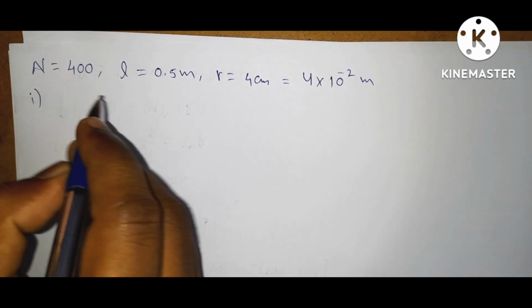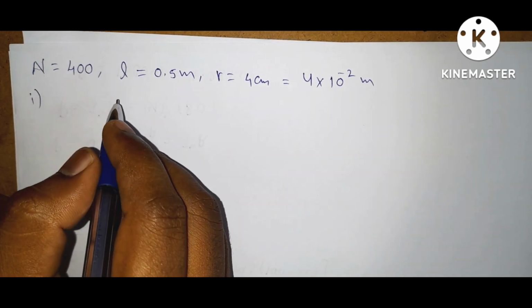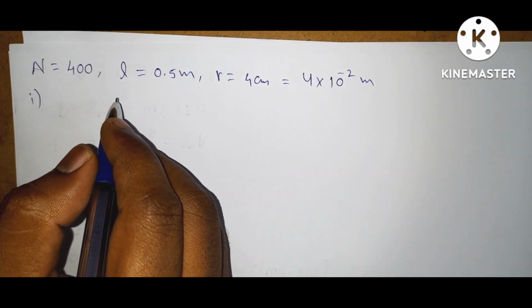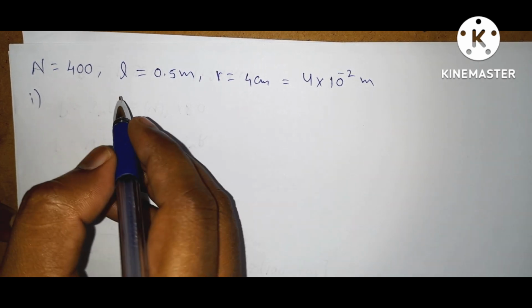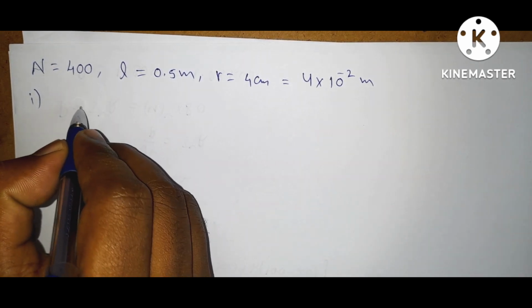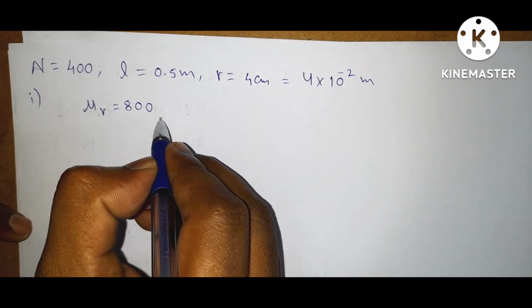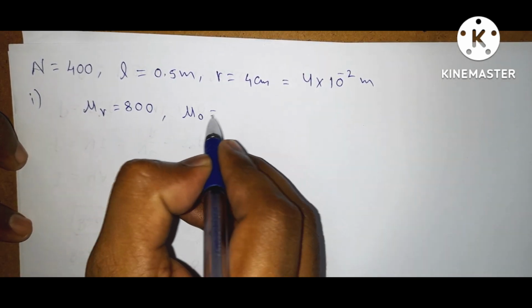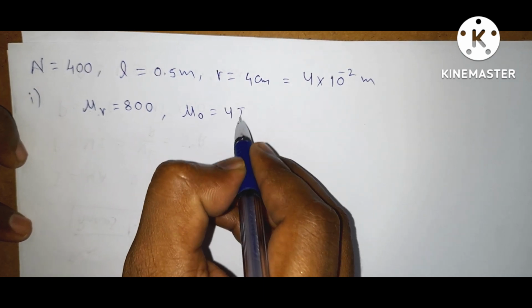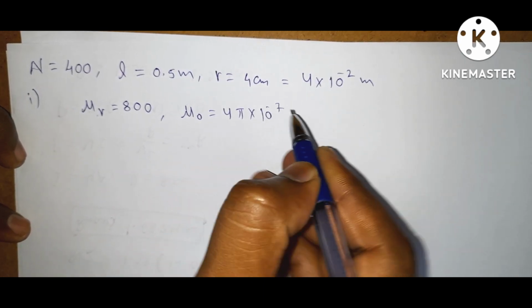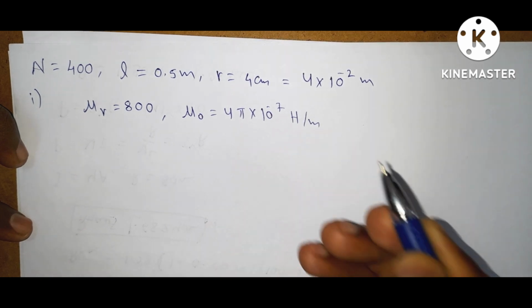So what is the first question? The inductance of an inductor if the relative permeability of the iron core is 800. So relative permeability means mu r is given as 800. What is mu naught? Mu naught is equal to 4 pi into 10 power minus 7 Henry per meter.